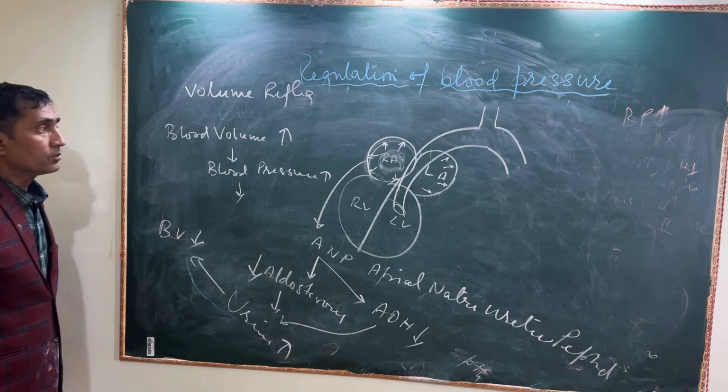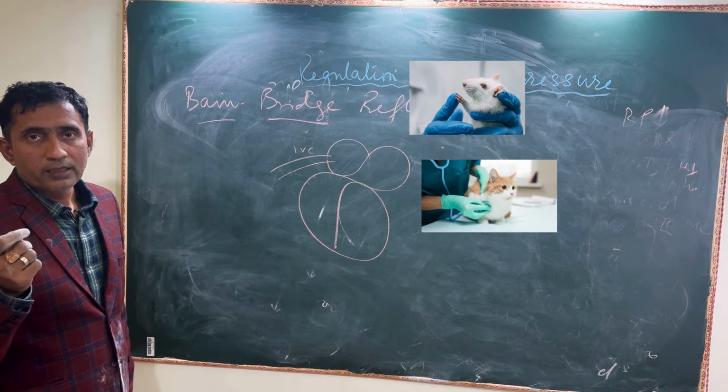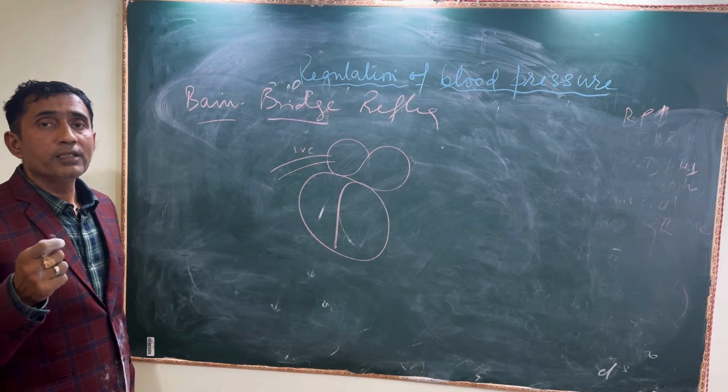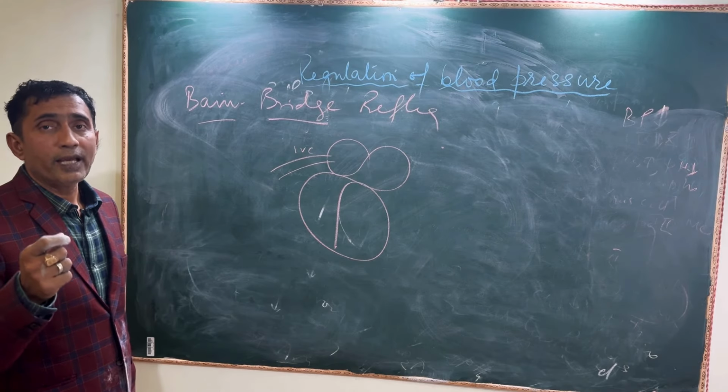Try to understand what I have drawn. This reflex can be studied using animals. Which animal? We can use rat, cat, dog, or monkey, but it is easily performed using cat and dog.